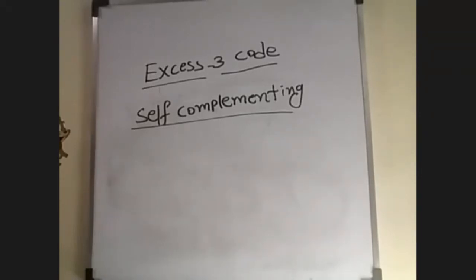Self-complementing code is nothing but a code where the 9th complement of a decimal number is obtained directly by changing ones to zeros and zeros to ones. That is the self-complementing code.